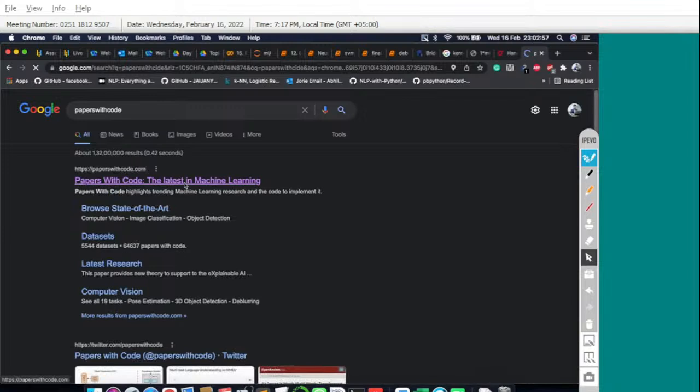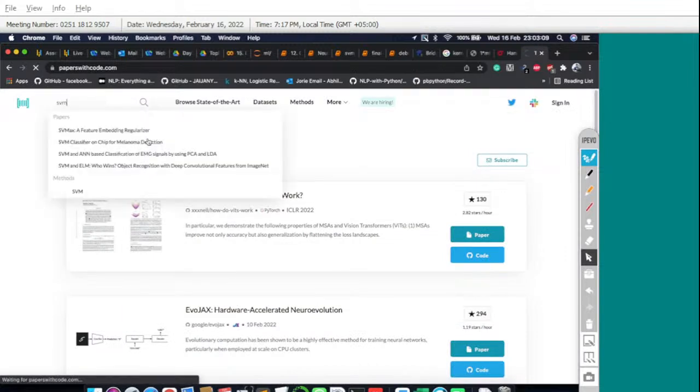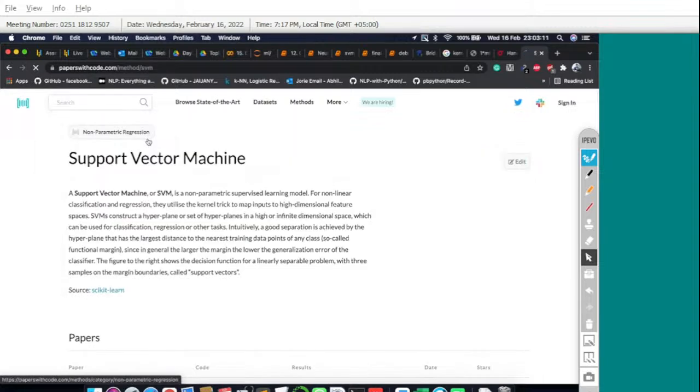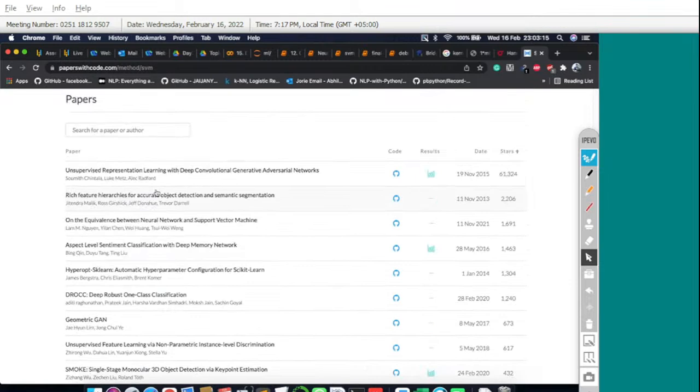This is helpful in exploring in-depth concepts. If you want to explore support vector machines, it will have all the research papers for support vector machines along with their codes, right?